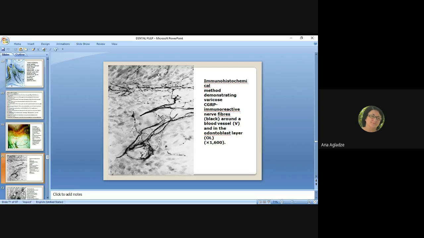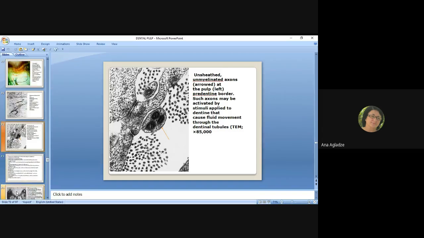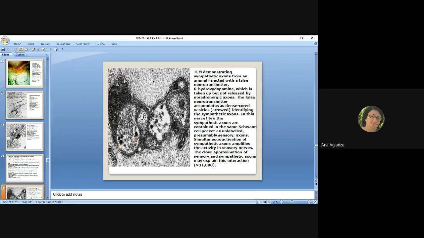One question I'd like to discuss here: you can see these are unmyelinated nerve endings, and here you can see the Schwann cell and its nerve endings. They are inside the Schwann cells, which wrap these nerve endings.